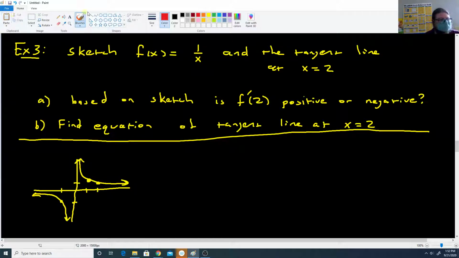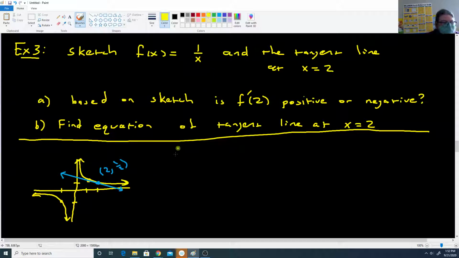Let's choose a color and draw a line that skims the graph of 1 over x, hitting the graph at x value 2. If we put a 2 in for x, that would be 1 over 2, so the point it's touching is x value 2, y value 1/2. That's where it bumps into the graph.